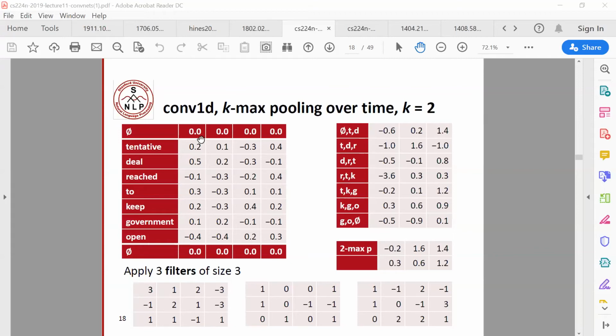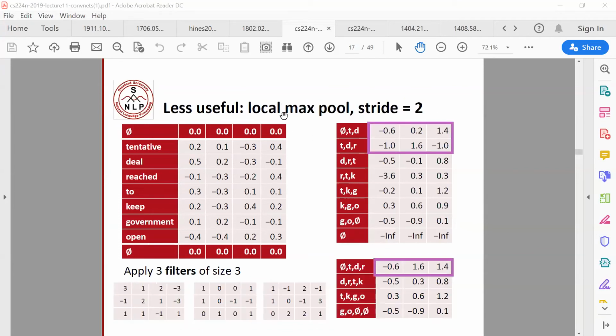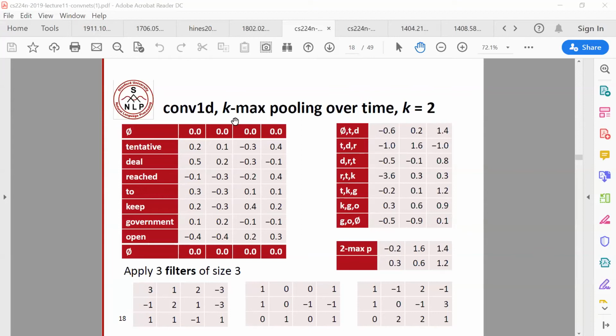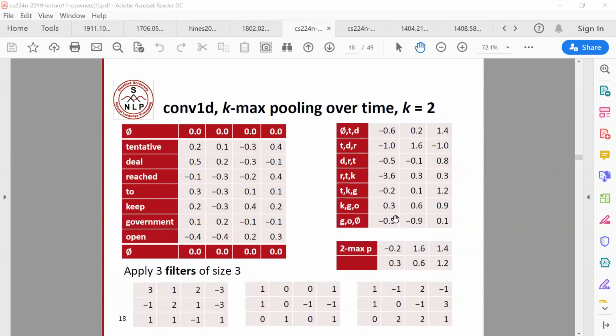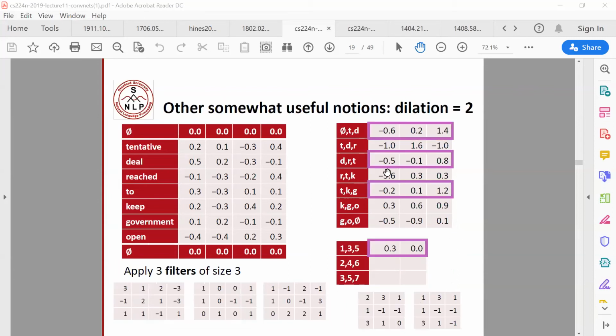So we talked about local max pool with stride equals 2, and then he talked about k-max pooling over time. With k, I think we did that. So you end up with, instead of one row, 2 rows, 1 for each maximum value.